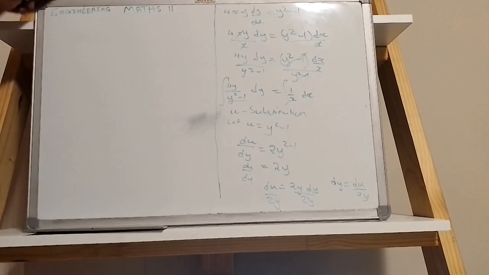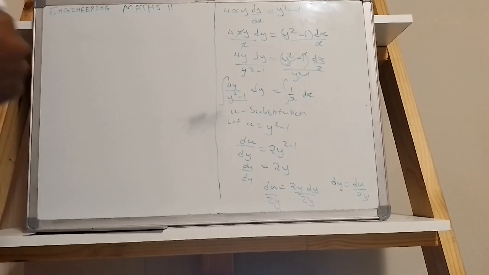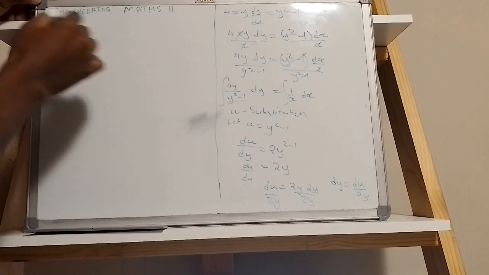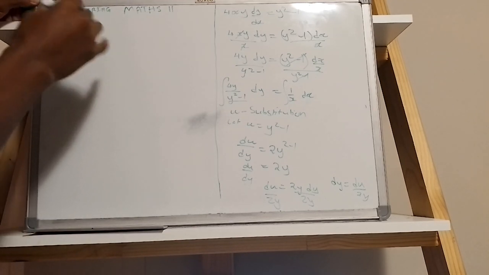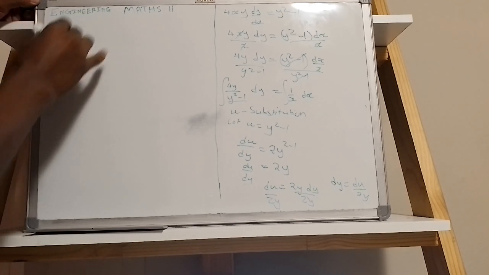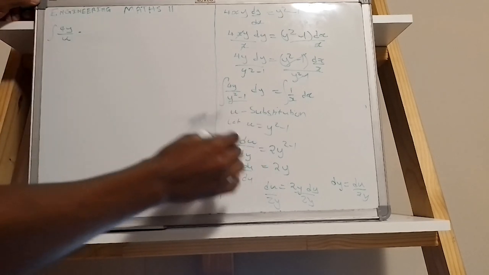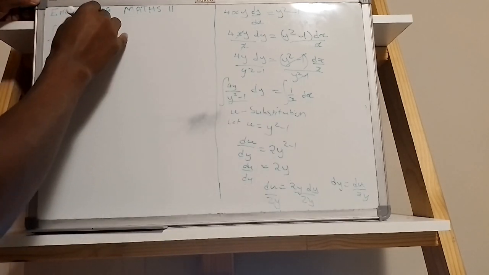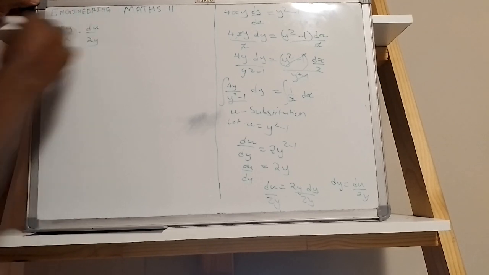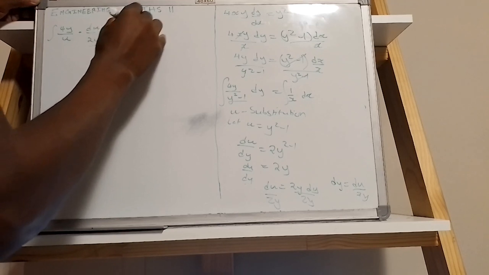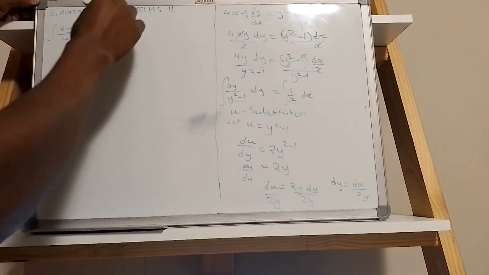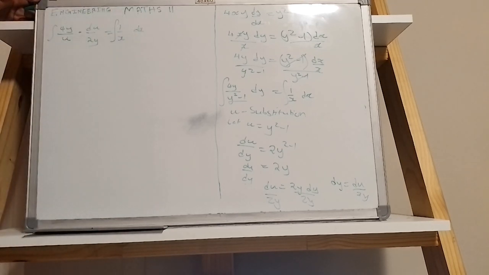Now I can substitute u here. I have the integral of 4y over u, where there was y squared minus 1, multiplied by dy, which I got as du over 2y, equals the integral of 1 over x dx, not forgetting my integral sign.